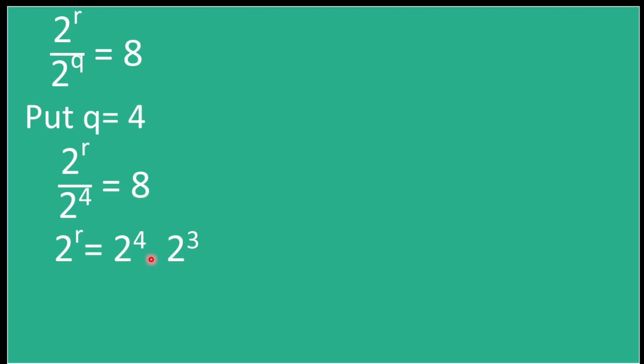According to the exponent rule, we will add this 4 and 3. So the equation will become 2^r = 2^7, because 4 + 3 = 7. Once again we have the same bases, therefore we can compare the powers. So r = 7. Hence we have all the required values, that is the values of p, q and r.